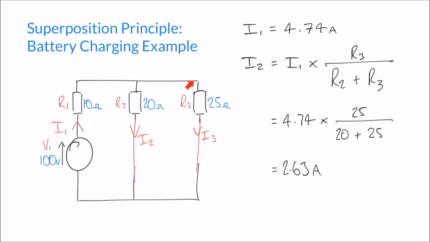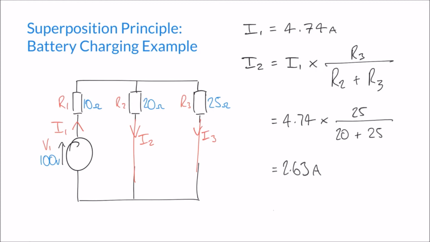Whatever remains must be I3. So I could calculate I3 much like I've calculated I2. All I would have to do is change that resistor on the top. By putting R2 on the top, I'm now calculating the current I3. That being said though, I don't have to do that because I know that if 4.74 amps was the supply, 2.63 amps forms I2, whatever's left over must be I3.